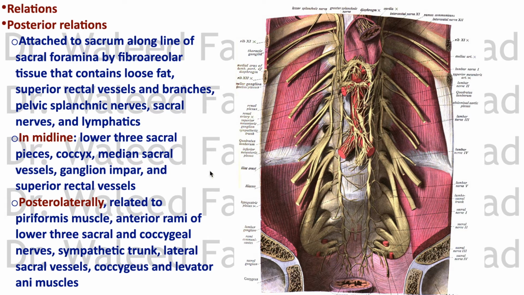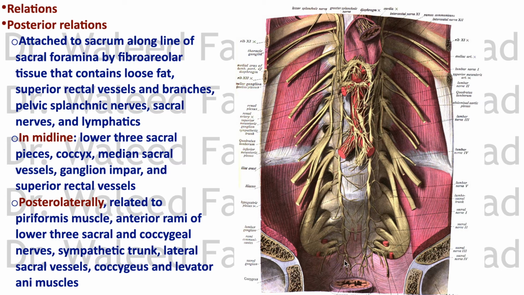In the midline, posteriorly is the lower three sacral pieces, as you can see here, posteriorly. The coccyx and the median sacral vessels. Remember the median sacral vessels that came from the posterior surface of the terminal aorta and descended at front of the sacrum. The ganglion impar, which is the joined sympathetic chain.